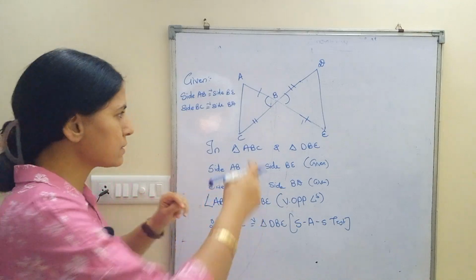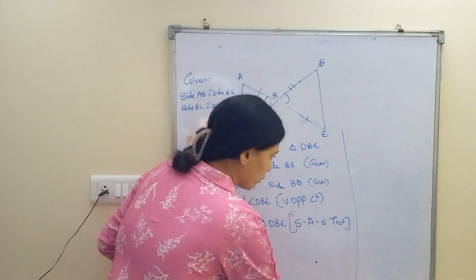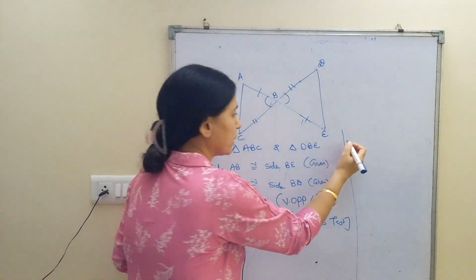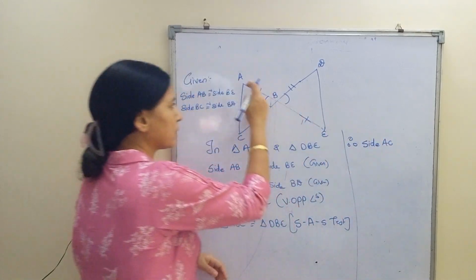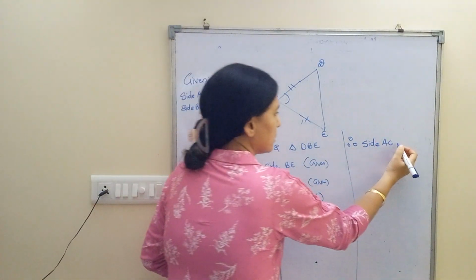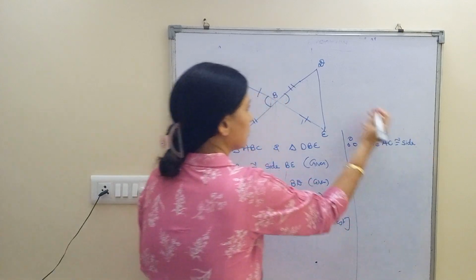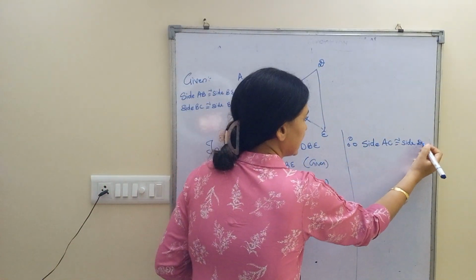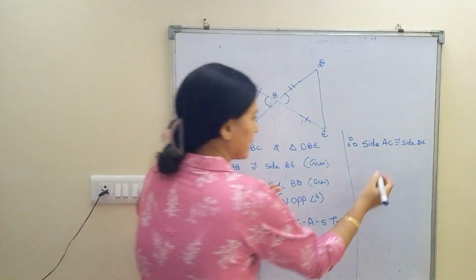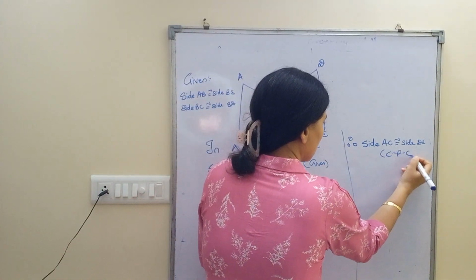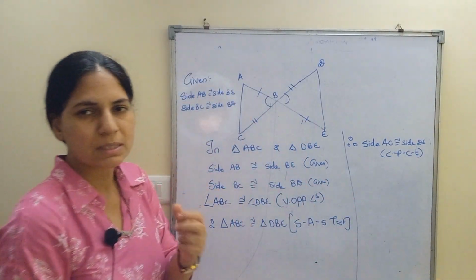Now what is left is this side. Therefore, side AC, see, the remaining part, AC is congruent to side DE. Reason, my dear children, corresponding parts of congruent triangles, CPCT.